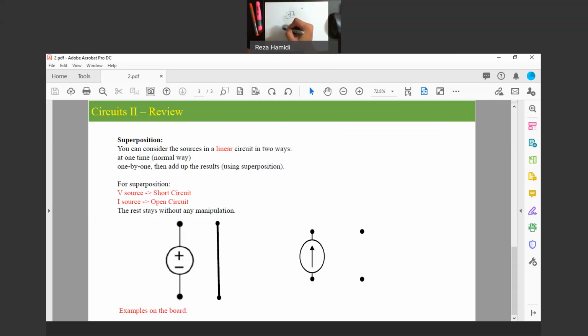Here, let's say turning off this one, and then the circuit is gonna be like this. All of this current then goes through that short circuit, and then in the other one, someone is gonna turn off the current source, and this is going to be a current passing through that one. If you are interested in this current, that current is the sum of this and this.